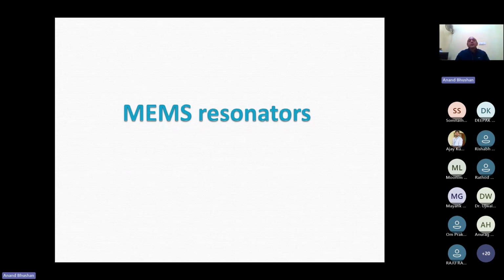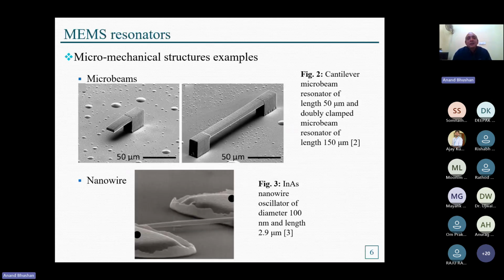Okay, so first we start with MEMS resonators, with the different types of micro beams that are practically fabricated in industry and experimental labs in different parts of the world. In figure 2, we can see an SEM image of a cantilever micro beam of length just 50 micrometers.